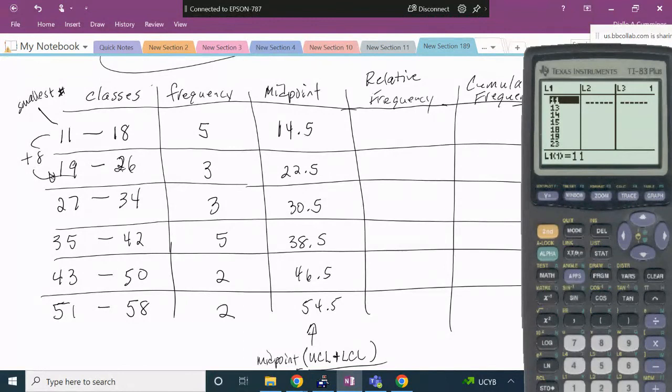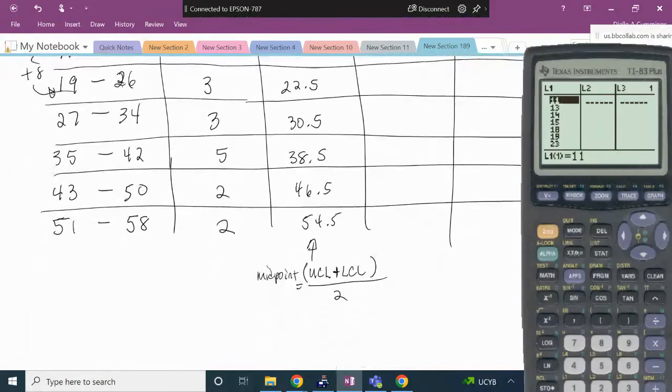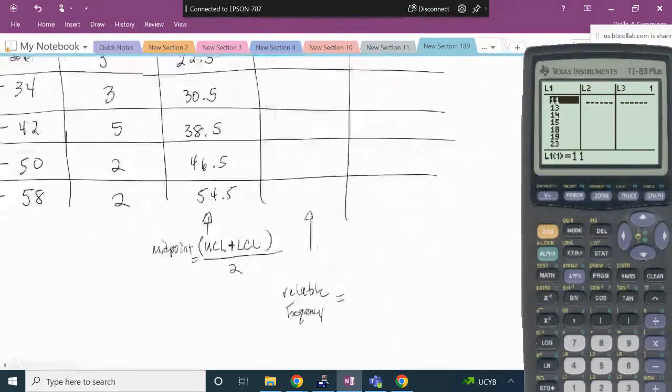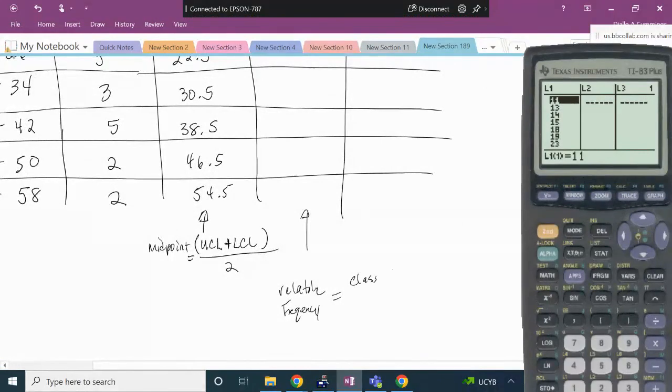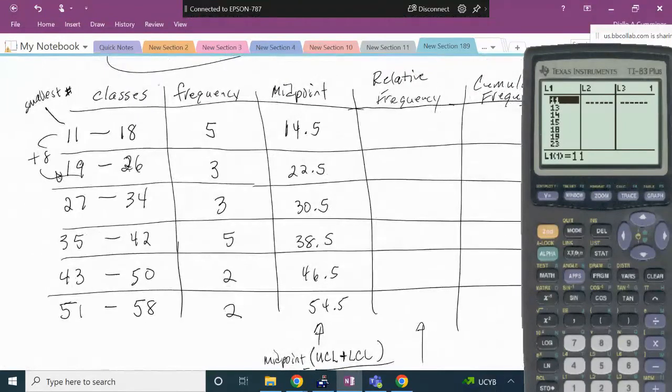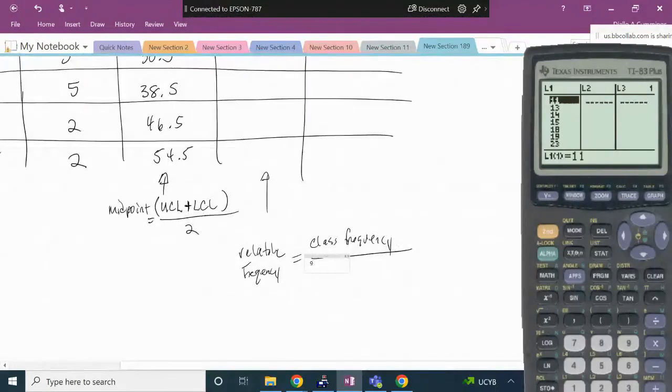Now we want to find the relative frequency. So the relative frequency is equal to the class frequency, right? And we have all of the class frequencies on this second column, divided by the total of all frequencies, right?